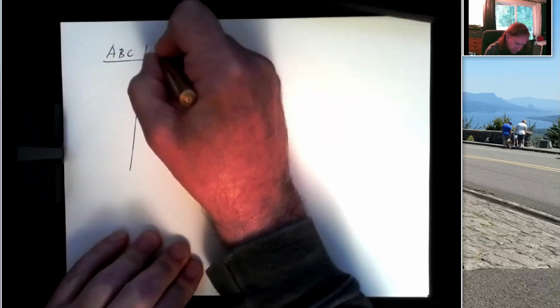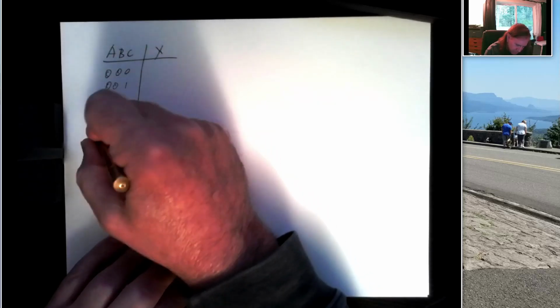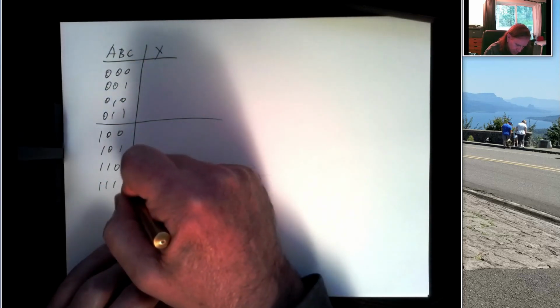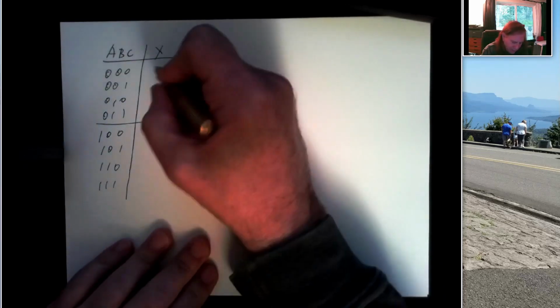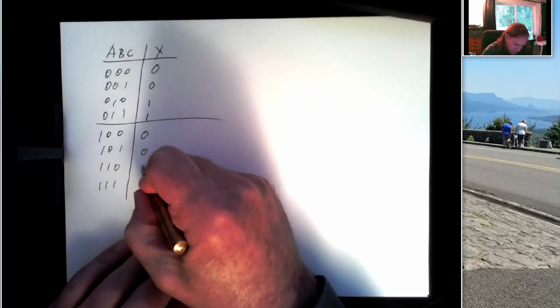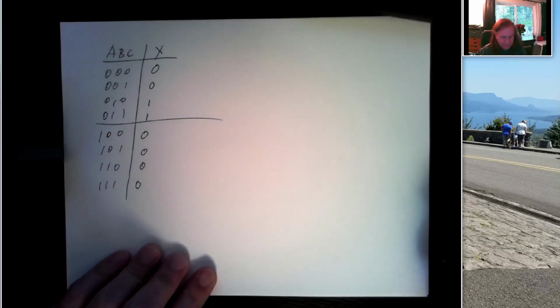All right, so the next thing I want to talk about is simplifying these truth tables. So let's start with 3 input variables. And let me make a truth table like this.